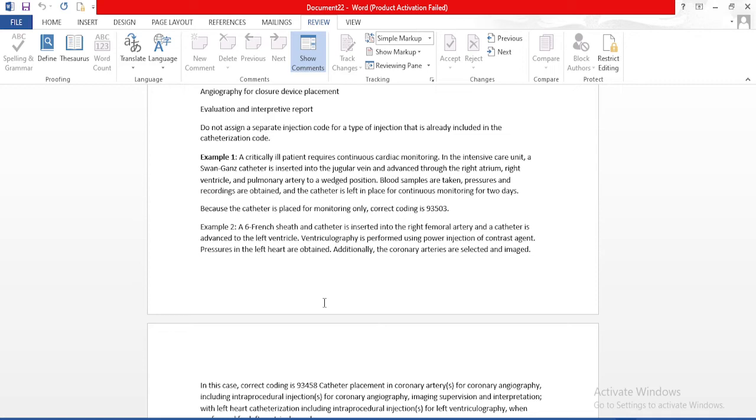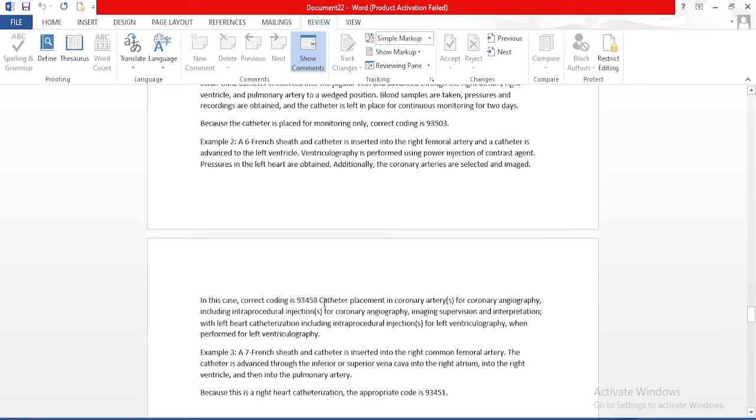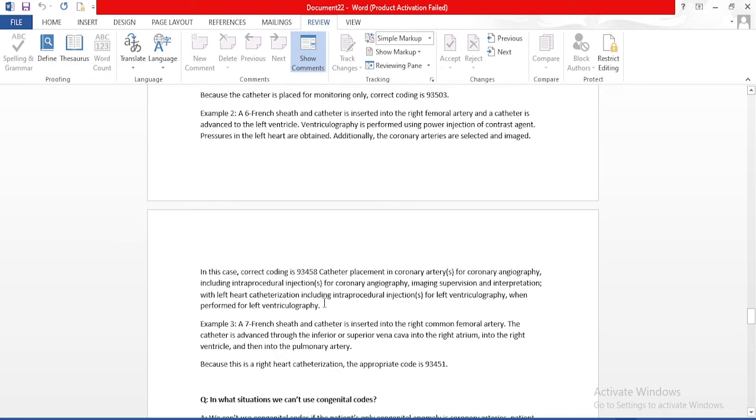Next example, a 6 French sheath and catheter is inserted into the right femoral artery and a catheter is advanced into the left ventricle. Ventriculography, the recording of the ventricle, is performed using power injection of contrast agent. Pressures in the left heart are obtained. Additionally, the coronary arteries are selected and imaged.